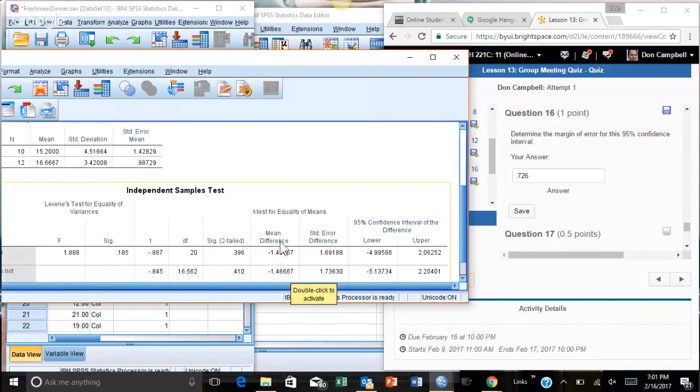There's also the confidence interval. See, that was the first thing I suggested, and the confidence interval is here.